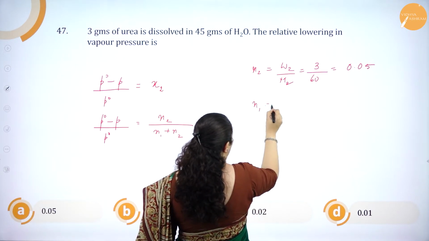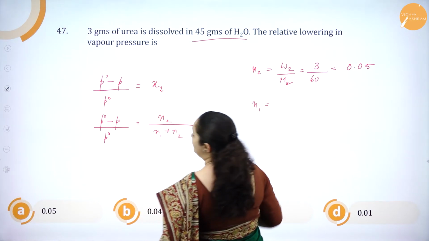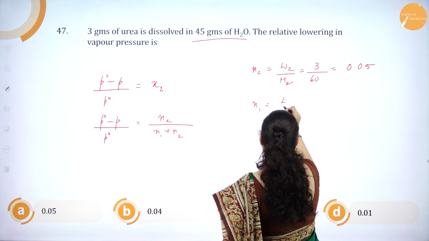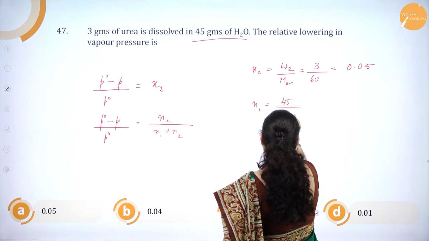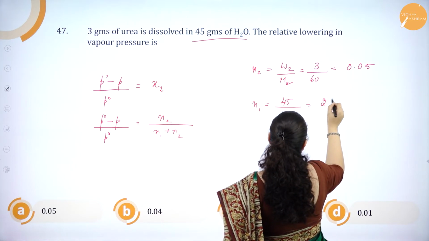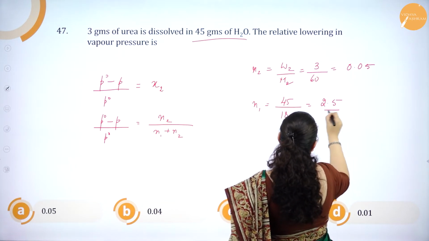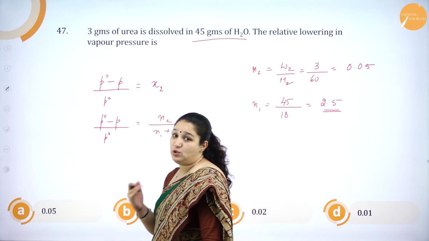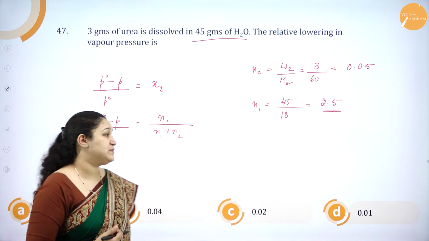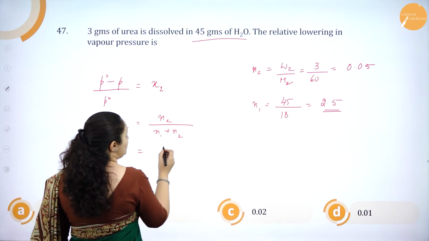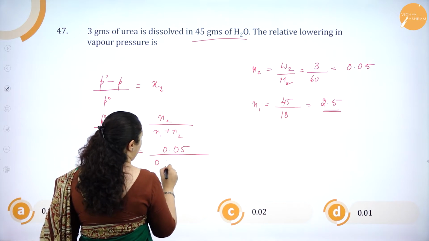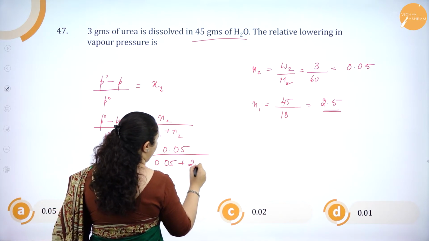Then the number of moles of water, that is the solvent, I have to take. Mass is 45, molecular mass of water is 18, so I'll get it as 2.5. Okay, so we have got now the N2 and N1 values. I'll have to substitute and find the answer. So here it will be 0.05 divided by 0.05 plus 2.5.